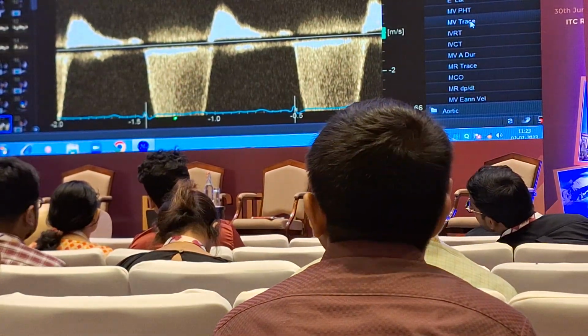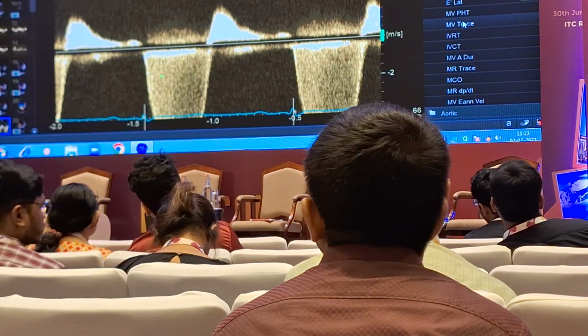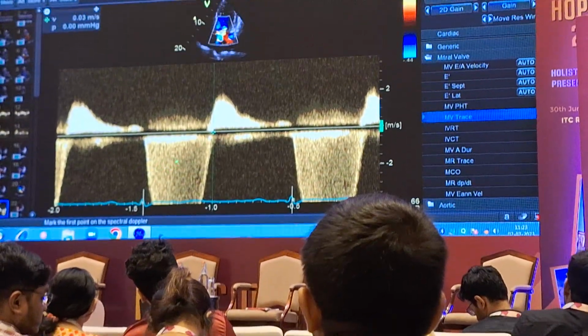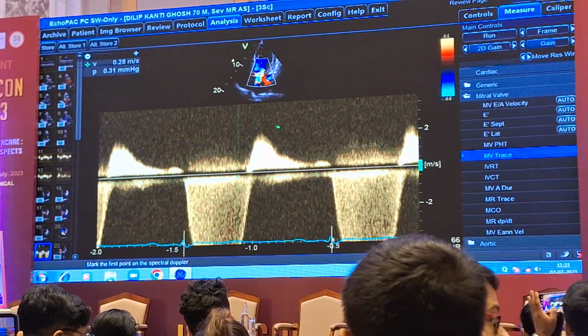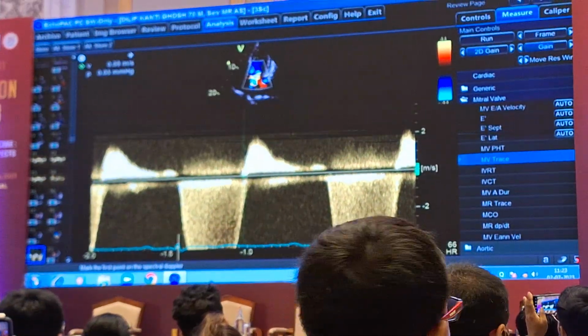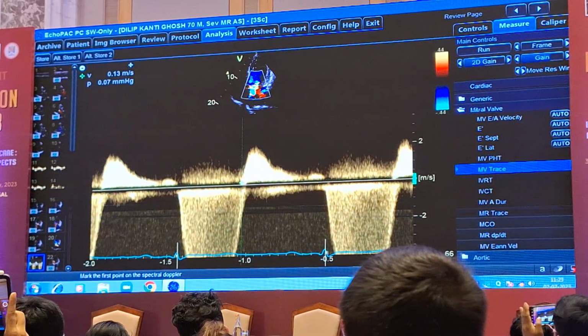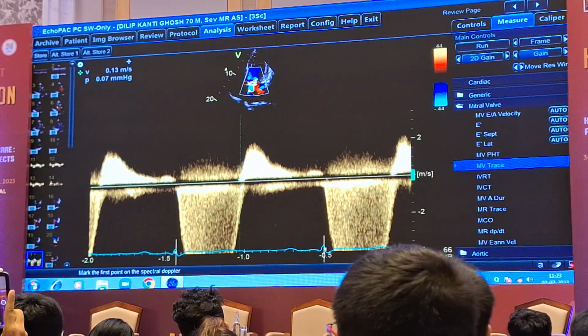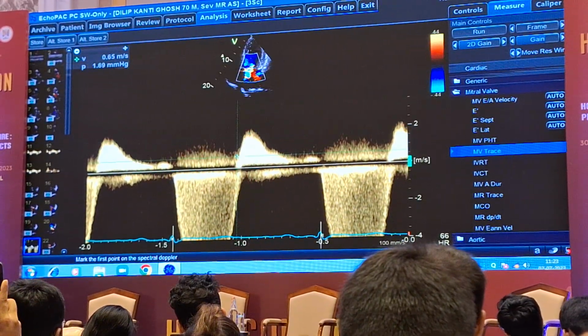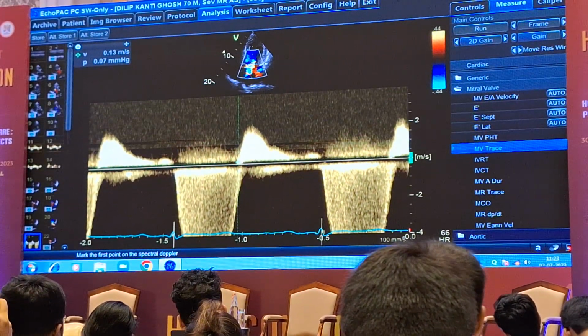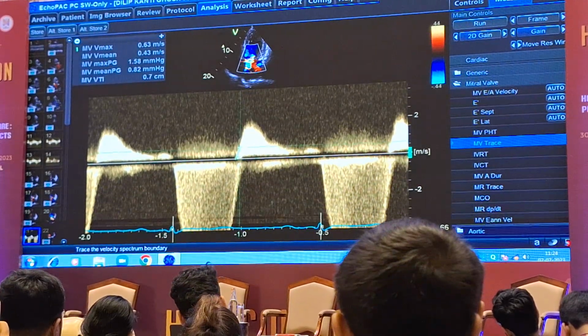The whole length of the jet has not been picked, because of the velocity and scale setting, etc. His focus was the diastolic part, that is why he took this picture. When you are assessing mitral stenosis, we want to see the tracing of the envelope. This is the diastolic Doppler, and I am tracing it.